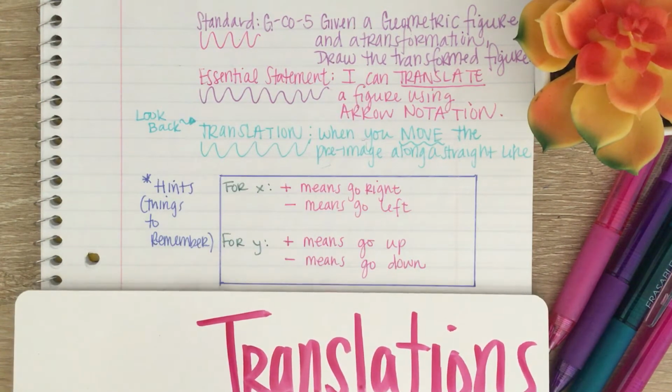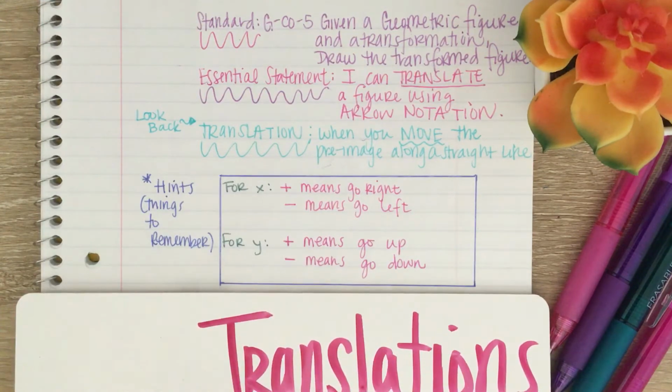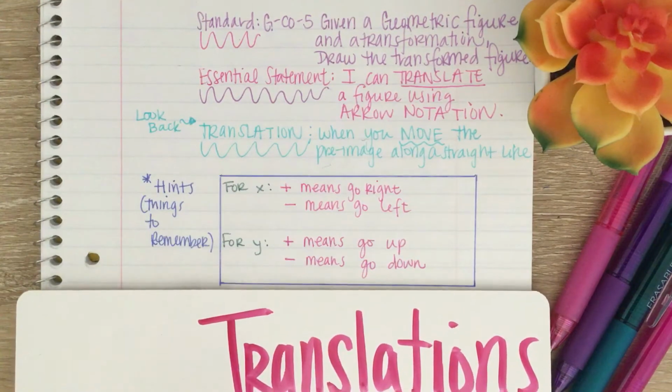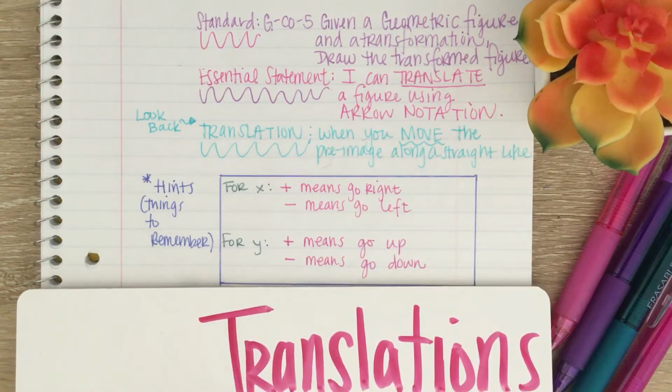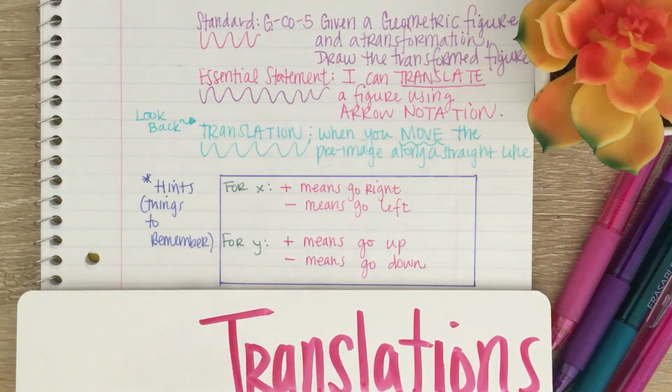The plus is a positive, which means you go right. The minus is a negative, which means you go left. Same thing for the y. The plus is a positive, so you go up, and the minus is a negative, so you go down. So x is only right or left, y is only up or down.